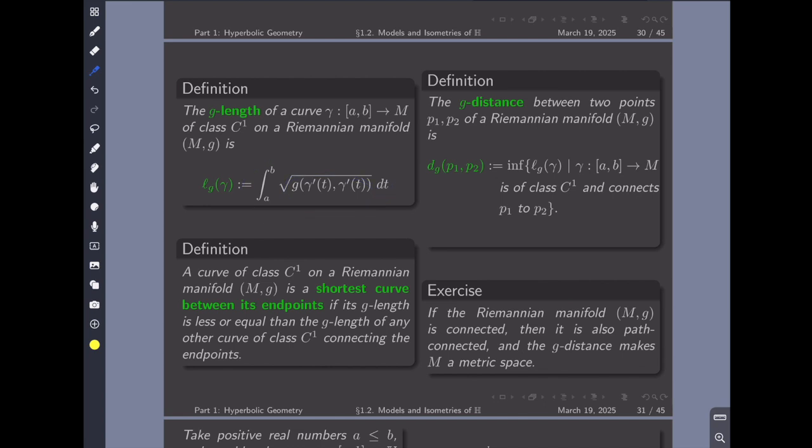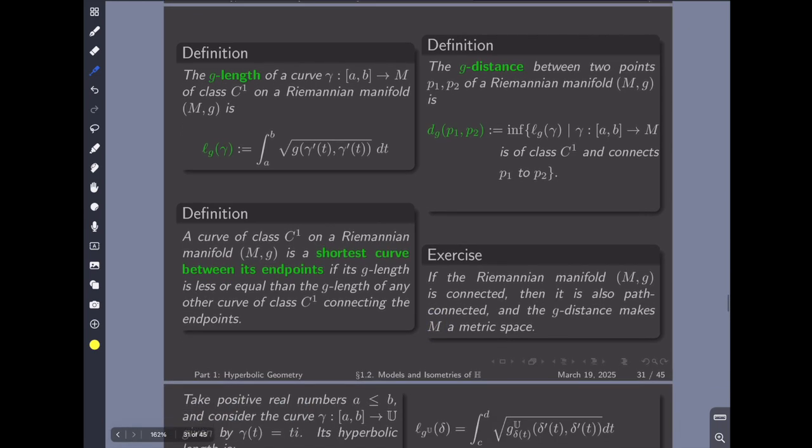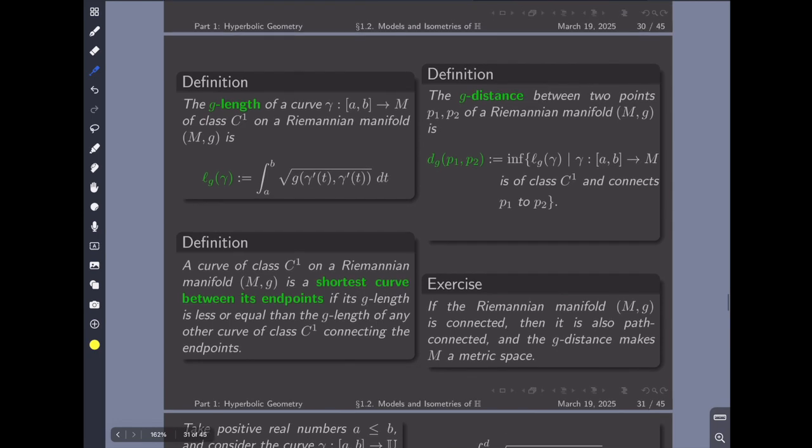And this defines a metric. This makes the Riemannian manifold into a metric space. Hence, when one begins speaking about isometries, one has to be careful whether one speaks about Riemannian isometries or metric isometries.